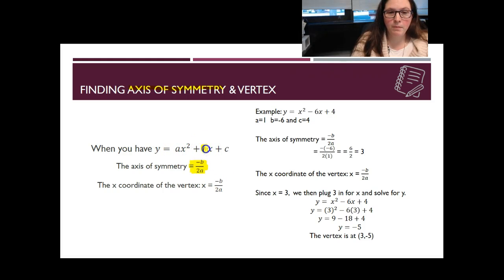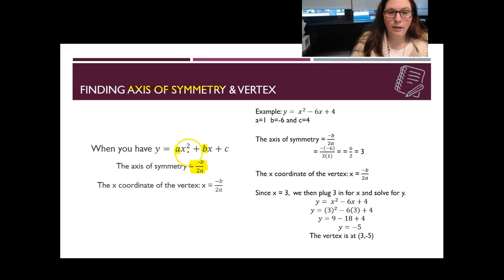And remember, the b comes from here and the a comes from here, those coefficients. That will give you the axis of symmetry. And then you also need to be able to find the coordinate of the vertex, and I'll show you guys down here how to do that one. So in this one, again, I'm kind of pointing as I go along. I'll work out another example later on in a different video.